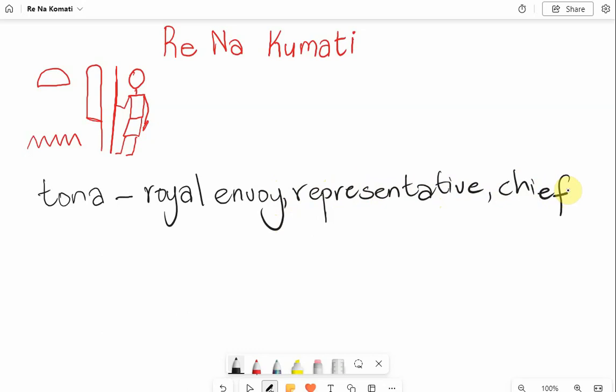Okay, this is a chief of say a village, or in ancient Egypt, it would have been a chief of maybe a nome. That's what a royal envoy, representative, chief is. And that's Tona.